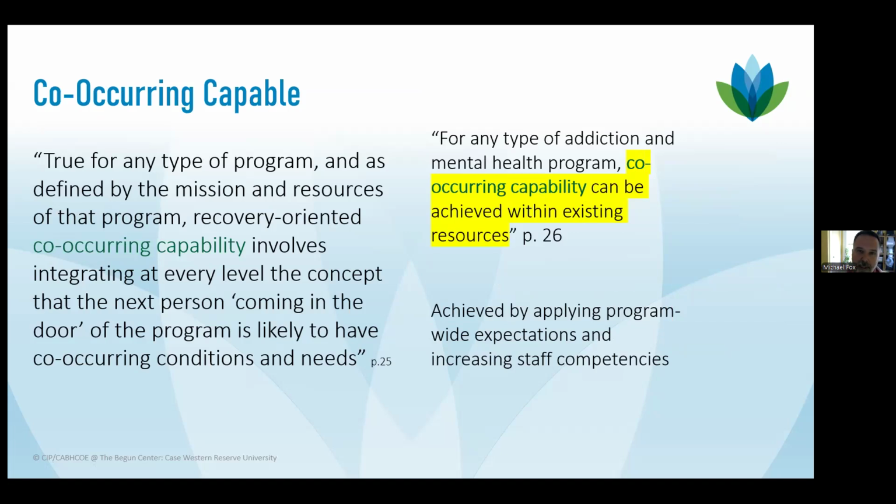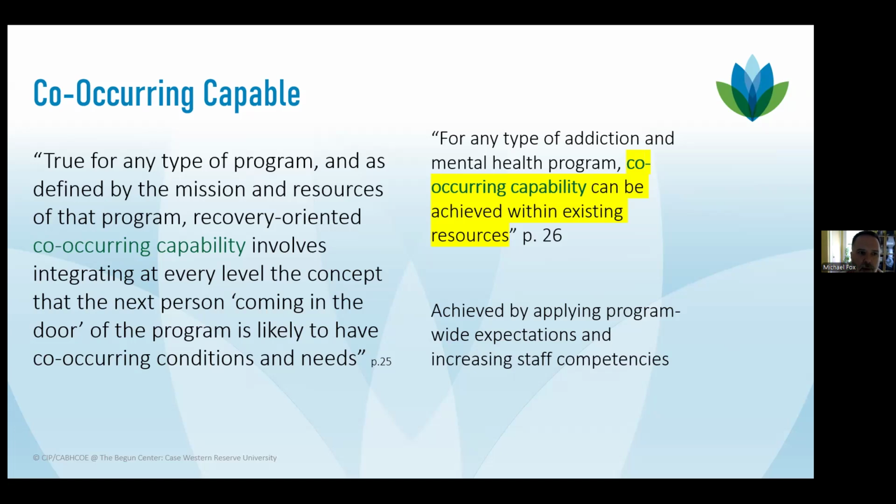And so they said the baseline expectation is you should be able to provide co-occurring capable care. That's not advanced kind of stuff. You're still going to specialize in one side or the other, but that's the co-occurring capability baseline expectation that they set. And that was in 2013. And it appears that, from the adult edition, they're retaining this terminology in the fourth edition.